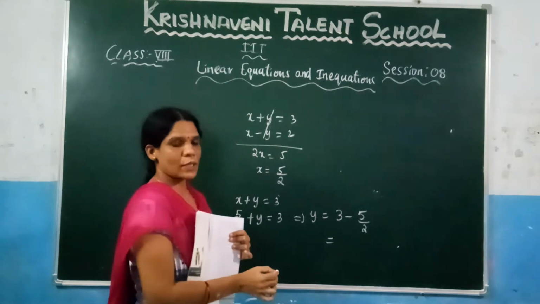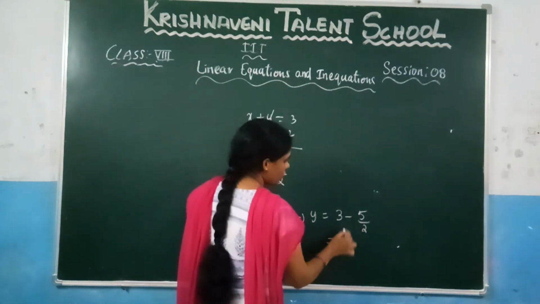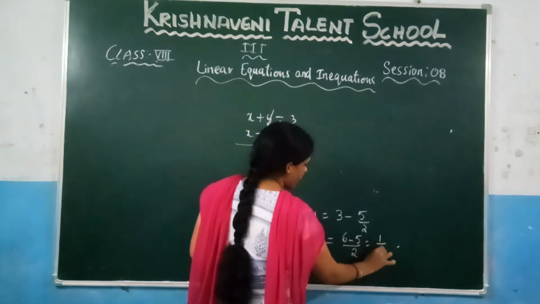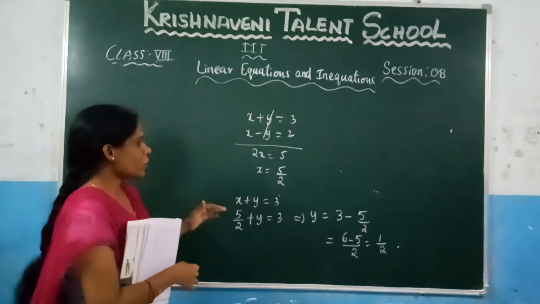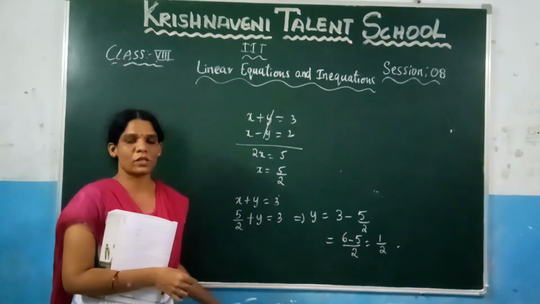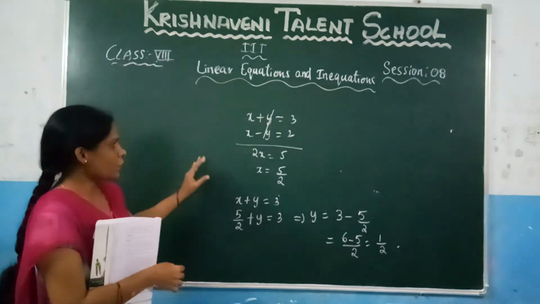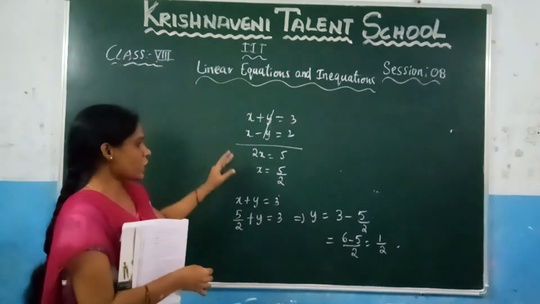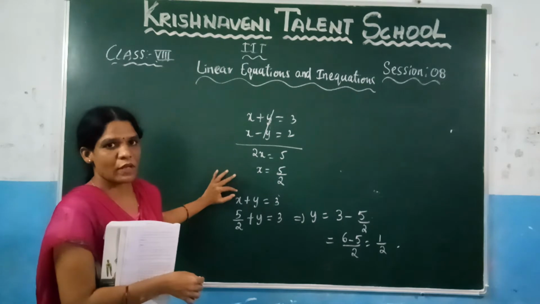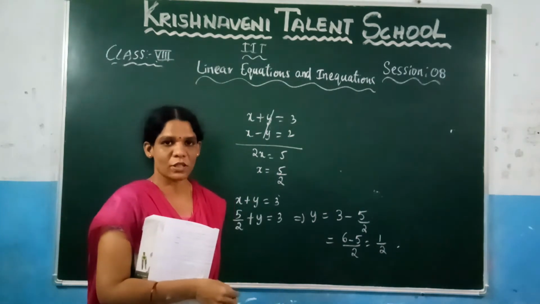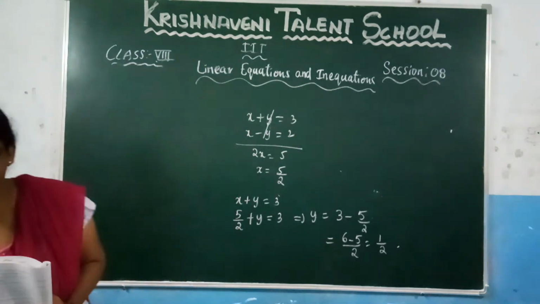Now take the LCM. What will you get here? 3 into 2, which is 6, minus 5, by 2, which is 1 by 2. Like this you can solve by using the elimination method. This one I already told in the last sessions. So if you are given any two linear equations in two variables, you can find the values of x and y by using the elimination method. You can go for the substitution method also. Let us see that once again.